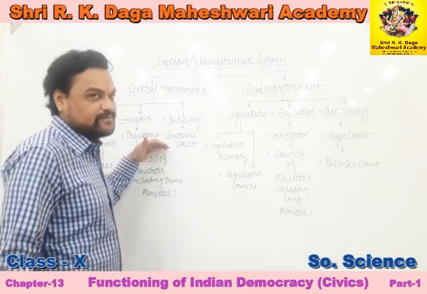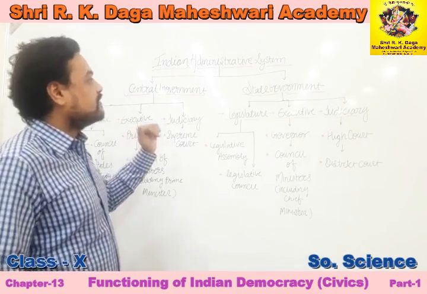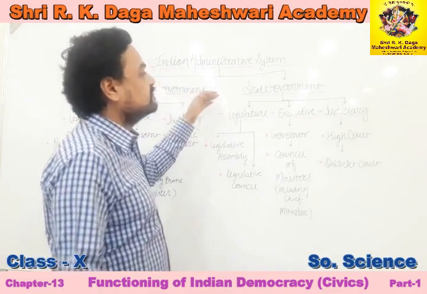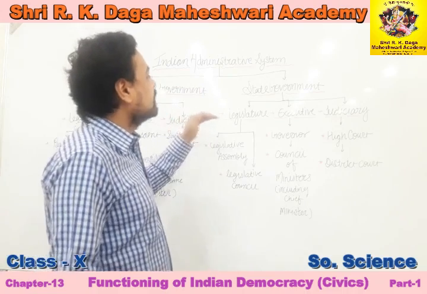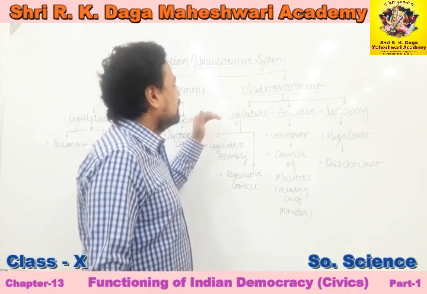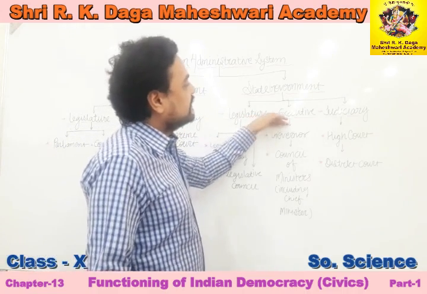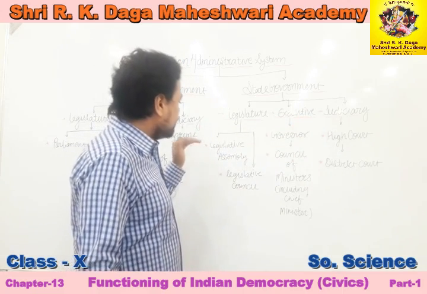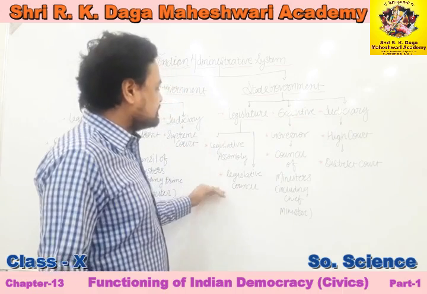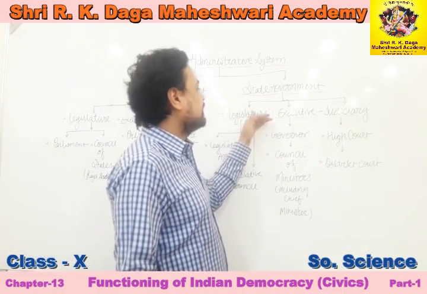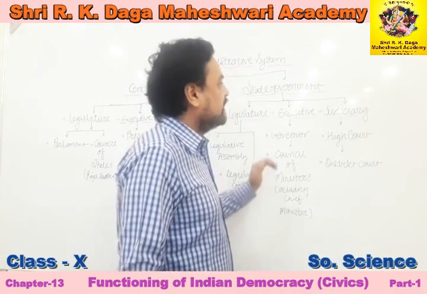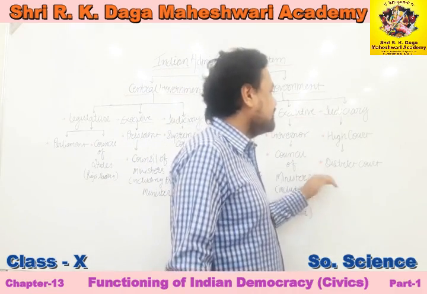The judiciary is the supreme court. Now we talk about the state government. The state government has three organs: legislature, executive and judiciary. The legislature has the legislative assembly and the legislative council. The executive is the governor and the council of ministers including the chief minister, and the judiciary is the high court and district courts.